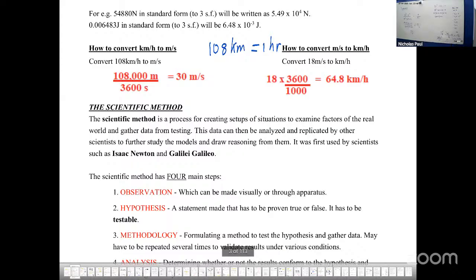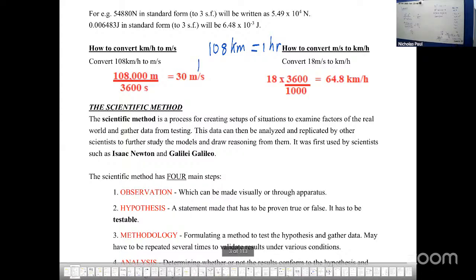So what does 108 kilometers per hour mean? It means that in 1 hour, you're traveling 108 kilometers. So how do we convert that to meters per second? Number one, can we convert the kilometers to meters? Multiply by 1,000, 10 to the 3.